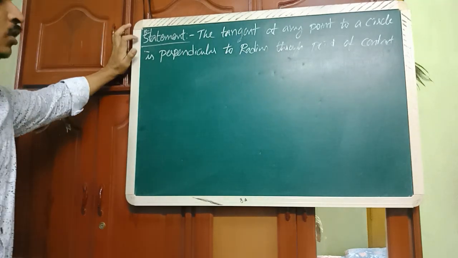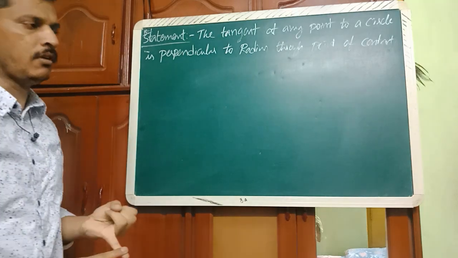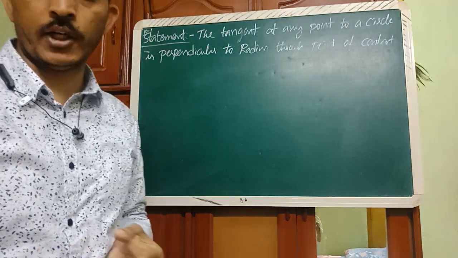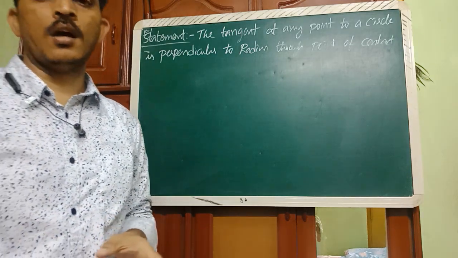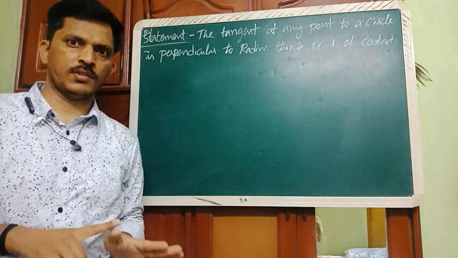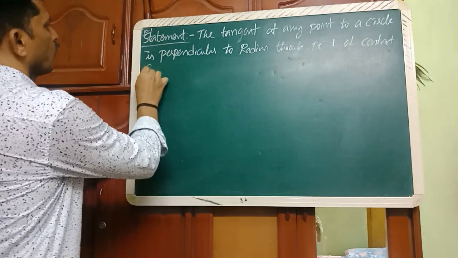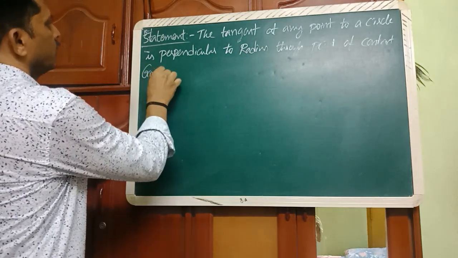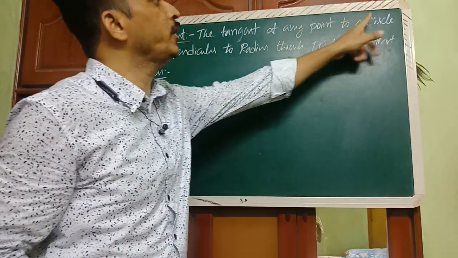Every theorem follows some steps. One is the statement, second is given, third is required to prove, fourth is construction, and the fifth step is proof. So what is given? See the diagram once. The tangent at any point to a circle.